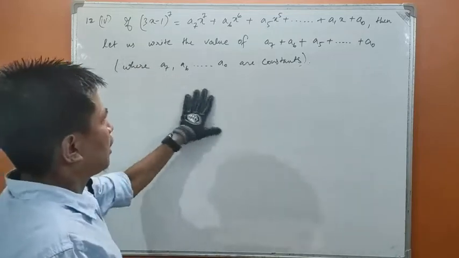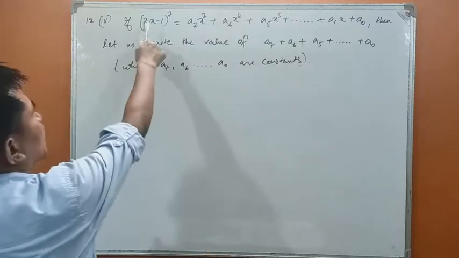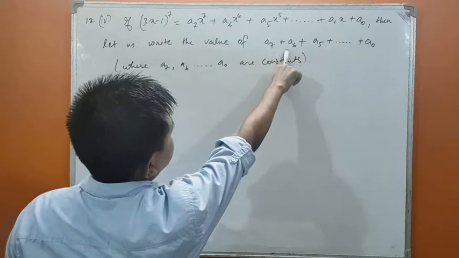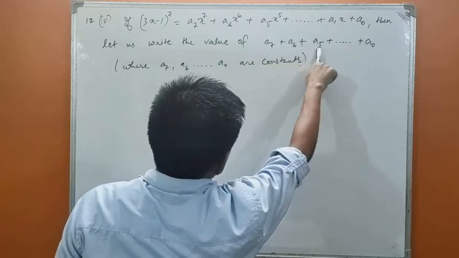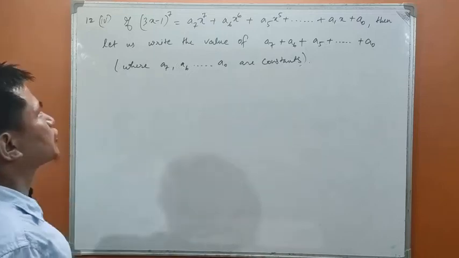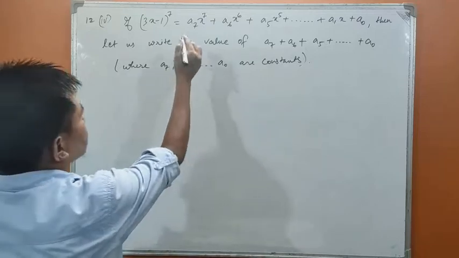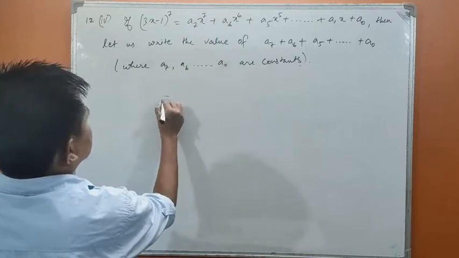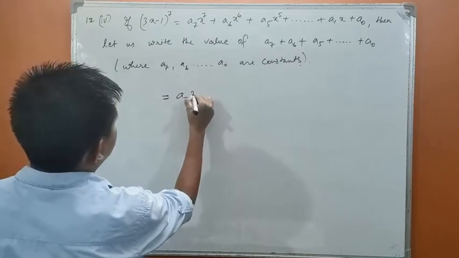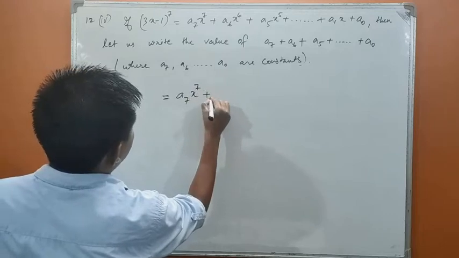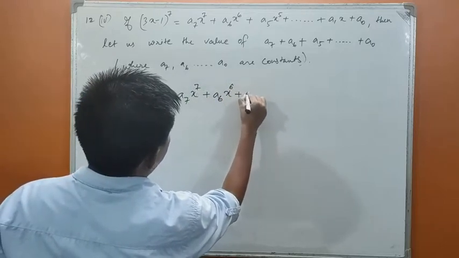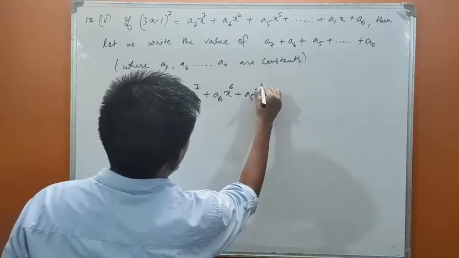So we are provided with this value and we are asked to find the sum of a7 plus a6 and so on, means the sum of the constant terms, isn't it? So first of all, let me tell you that a7 x to the power 7 plus a6 x to the power 6 plus a5 x to the power 5.